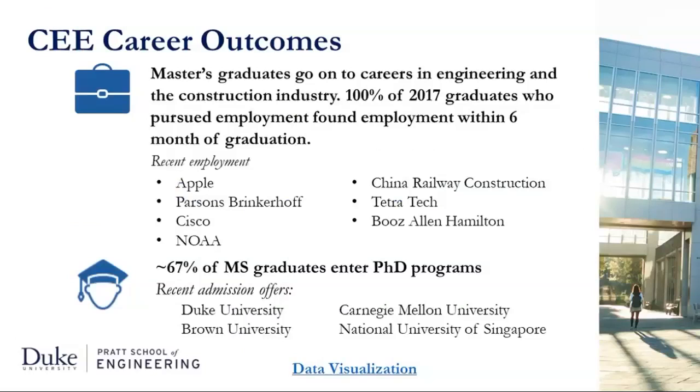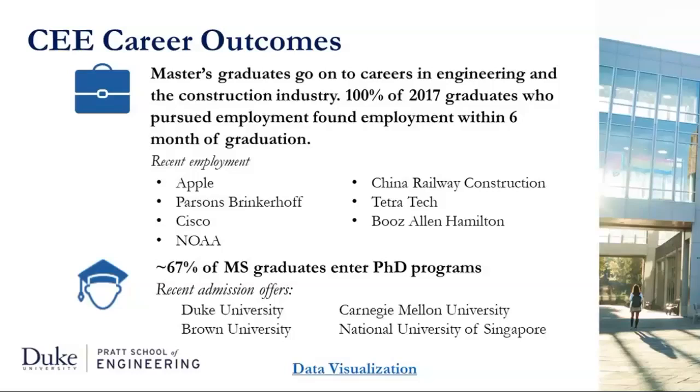Some recent employers include Apple, Cisco, NOAA, the National Oceanographic and Atmospheric Administration, the China Railway Construction Company, Tetra Tech, Booz Allen Hamilton, and others. Roughly 2/3 of our MS graduates specifically enter PhD programs. They've gone to excellent universities all around the world. Some have stayed here at Duke, others have gone to Brown, Carnegie Mellon, Singapore, and others.